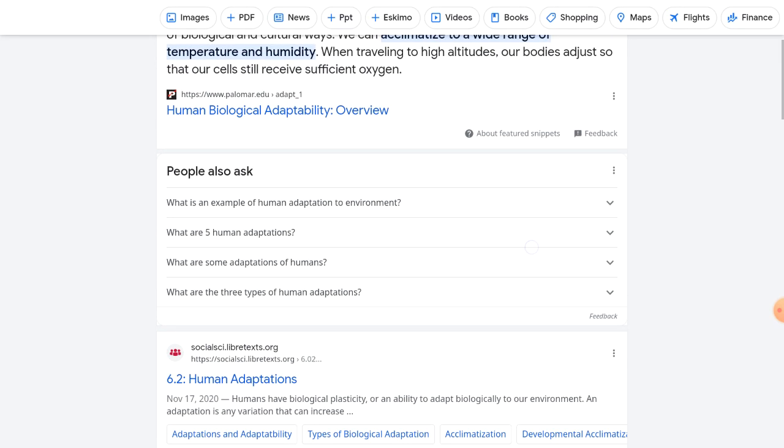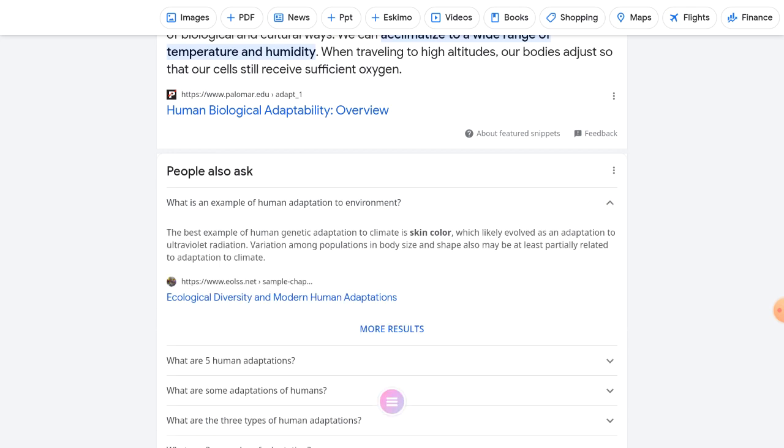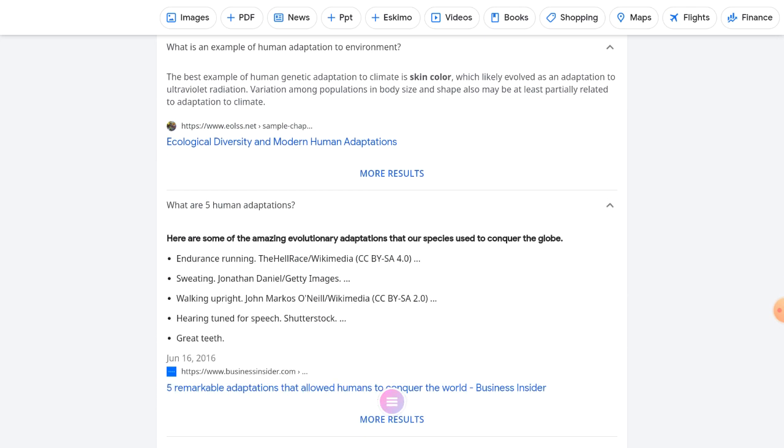What are 5 human adaptations? The best example of human genetic adaptation to climate. That's climate. Okay, so walking upright. Okay, we have learned to walk upright in order to survive, makes life easier. Endurance, running, it says sweating.